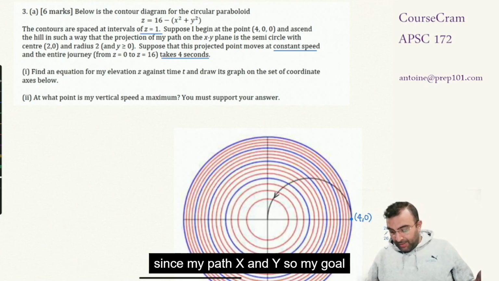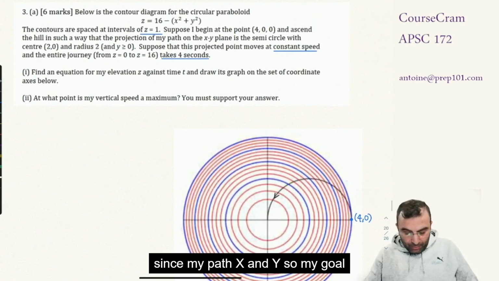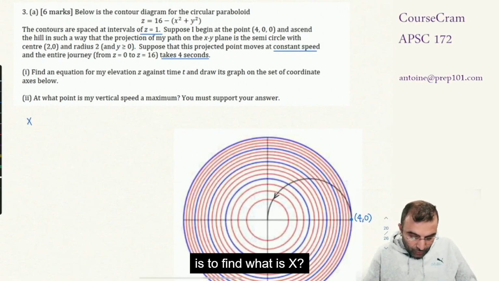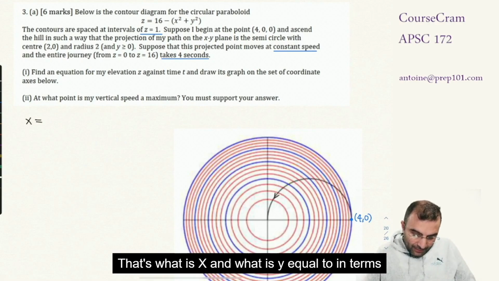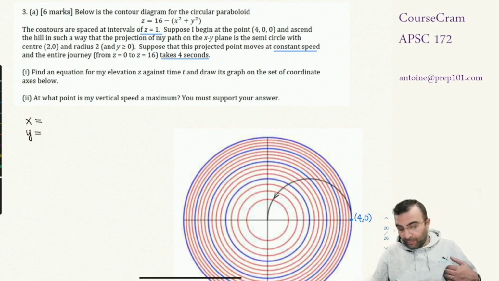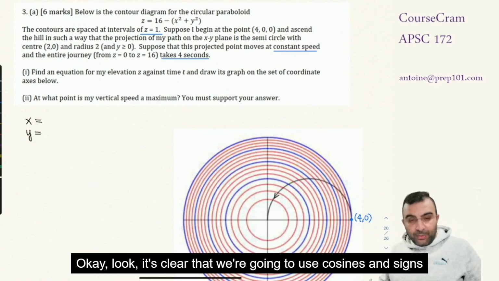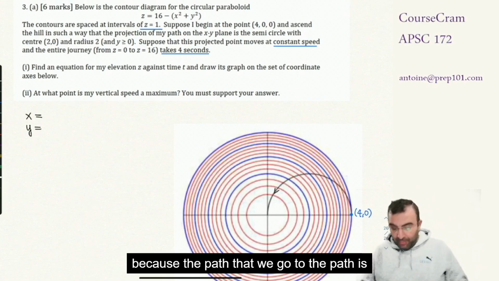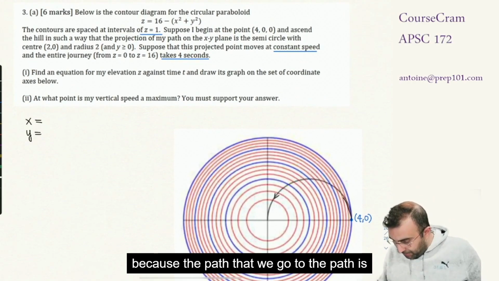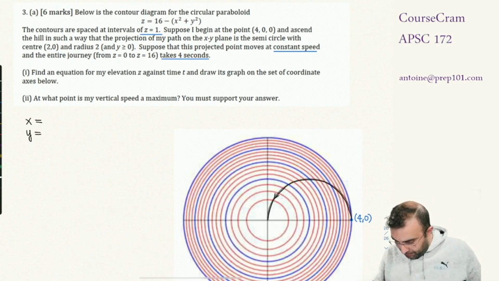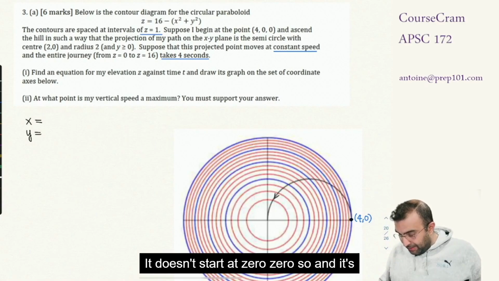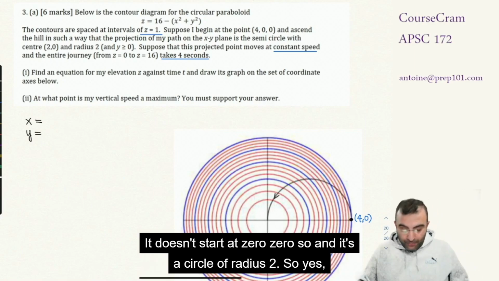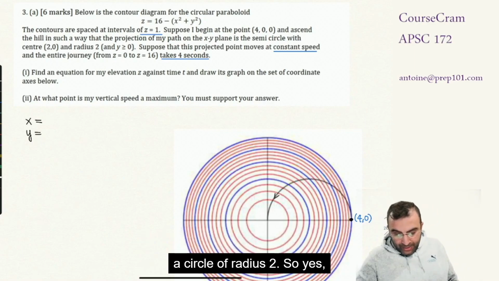My goal is to find what x and y are equal to in terms of t. It's clear that we're going to use cosines and sines because the path is a circle. It's a circle that starts here. It doesn't start at (0, 0), and it's a circle of radius 2.